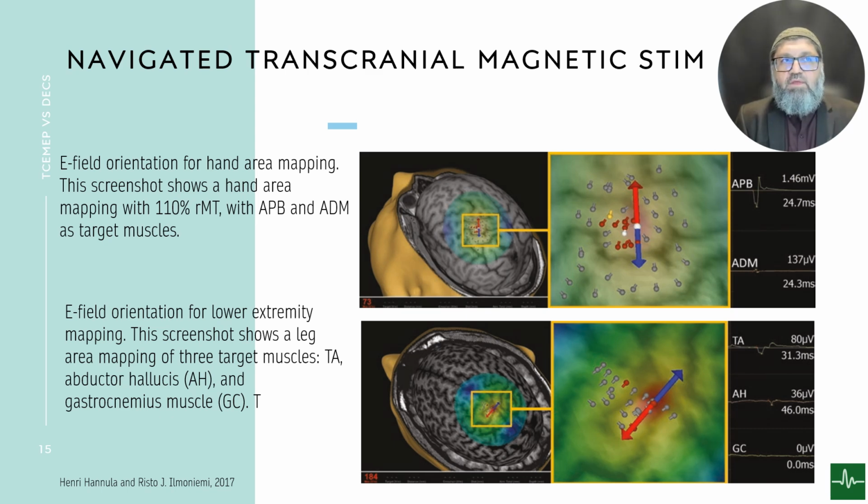At the bottom, we can see the responses present. The screenshot shows the leg area mapping of three target muscles: tibialis anterior, abductor hallucis, and gastrocnemius, because the abductor hallucis muscle also originates from the leg area.